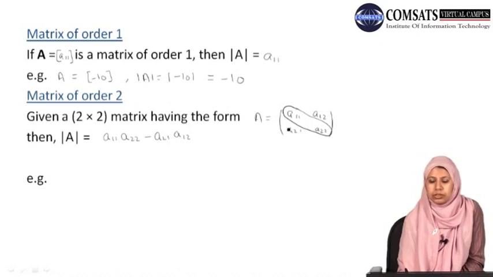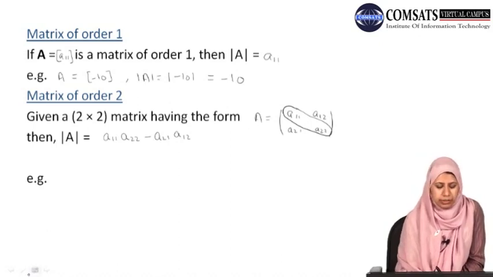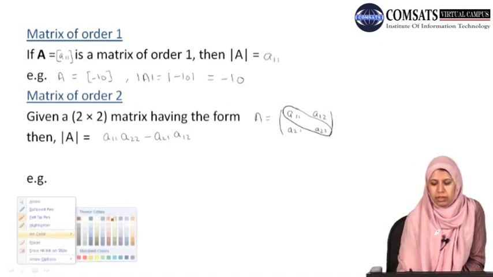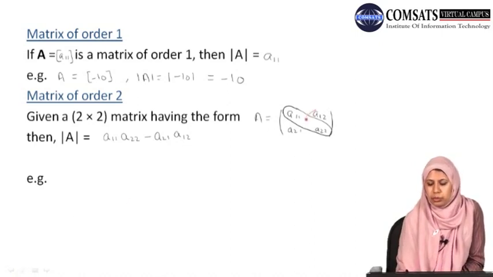Then if we look closely at our matrix, A12 and A21 are our other diagonal, not the main diagonal but the other diagonal.